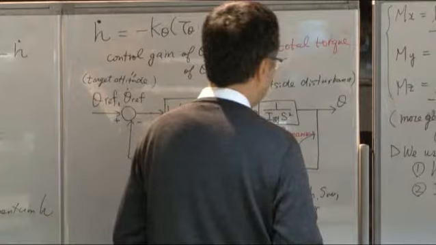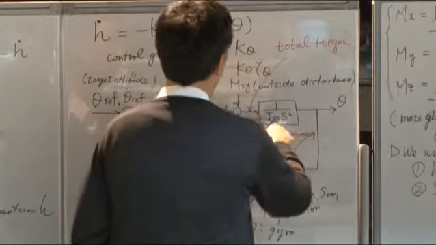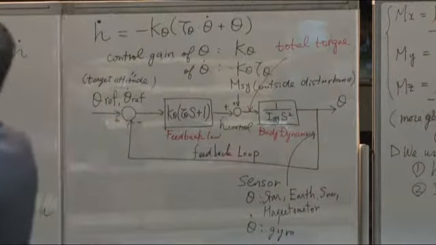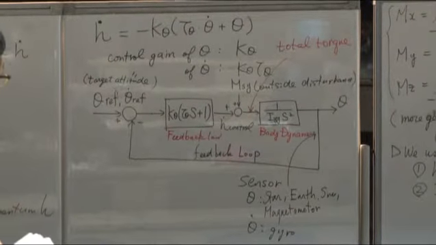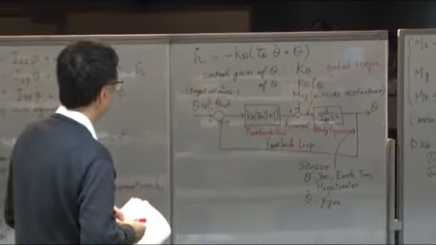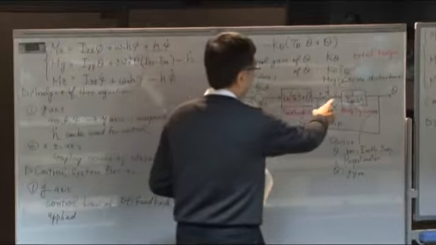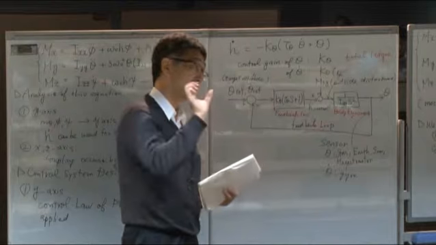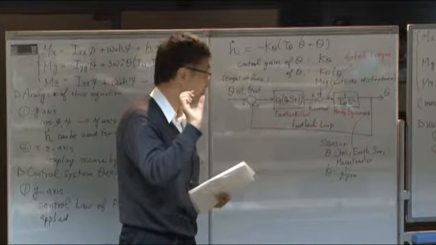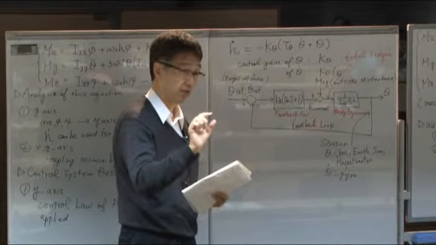The body dynamics means, please write this: total torque is divided by IYY S square. The S square means twice integration.